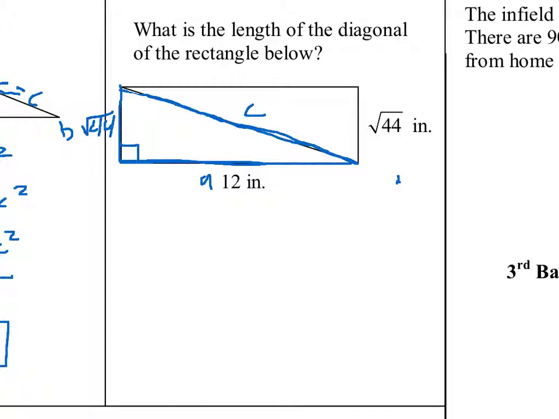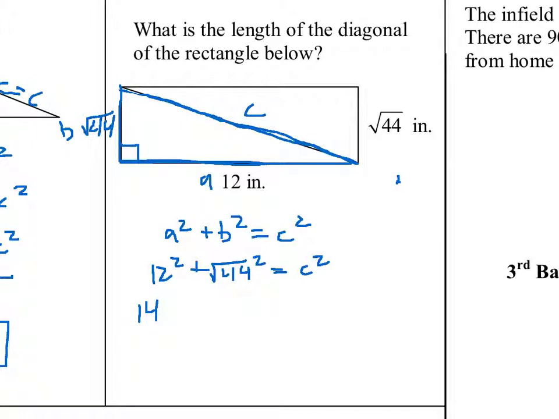So our hypotenuse, our diagonal, is C. Now all we've got to do is plug and chug. A squared plus B squared equals C squared. I have 12 squared plus the square root of 44 squared equals C squared. 12 squared is 144.